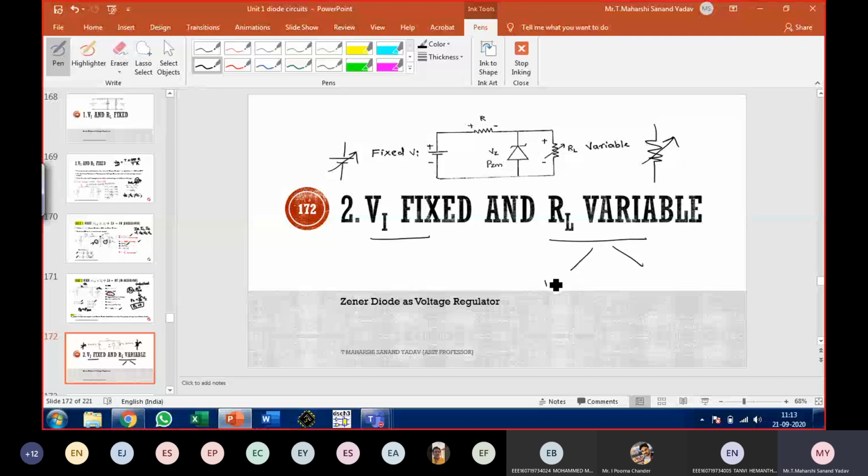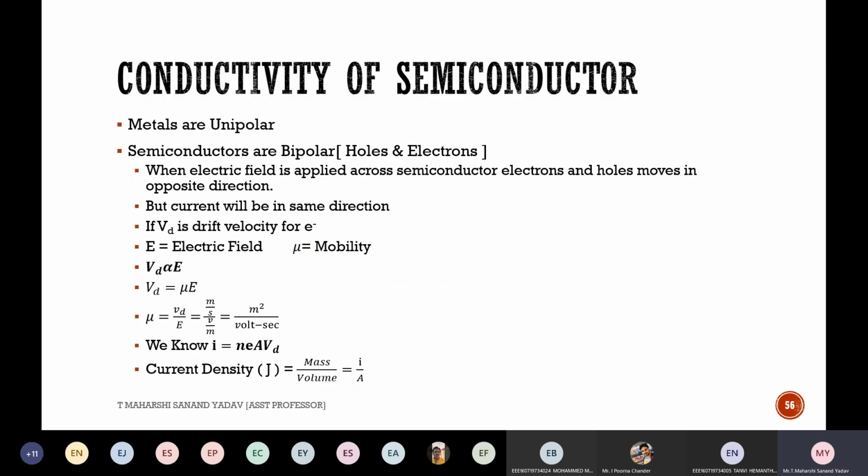The value of RL can be minimum, or else the value of RL can be maximum. Whereas in the previous case, we have not observed in detail RL min and RL max. Why? Because both input and RL are fixed. That's why we simply find only the individual values. Whereas in this case, we need to find the minimum value as well as the maximum value.